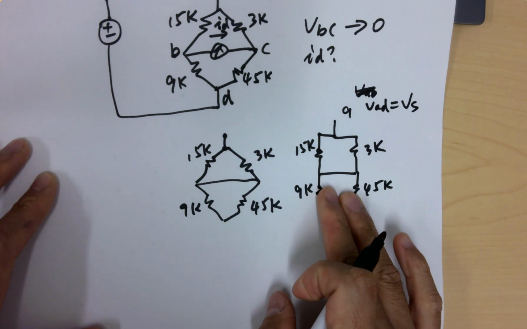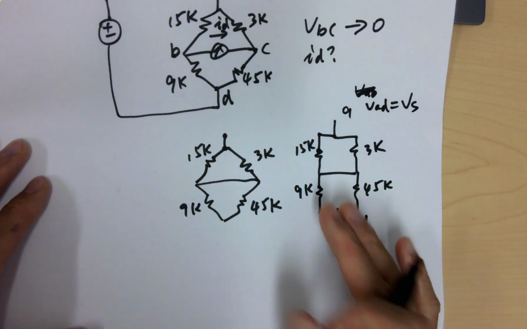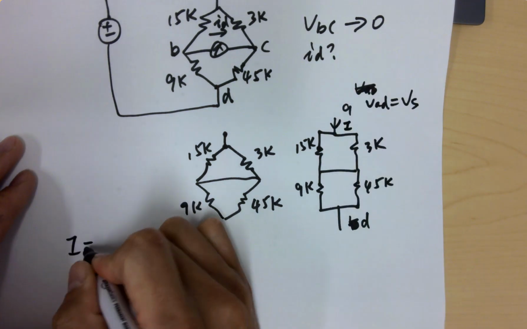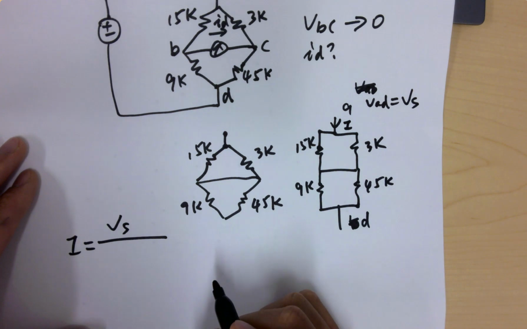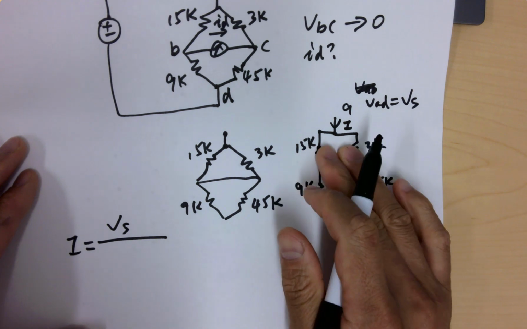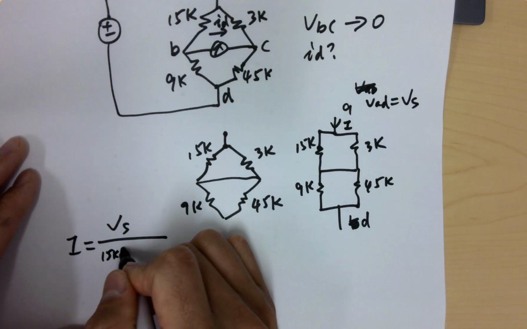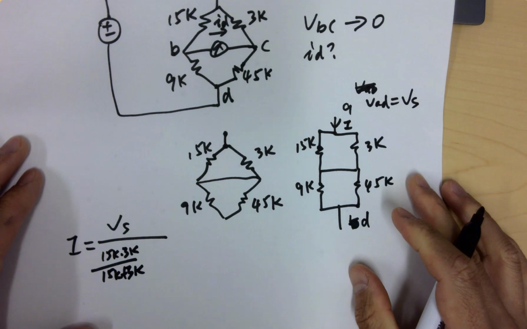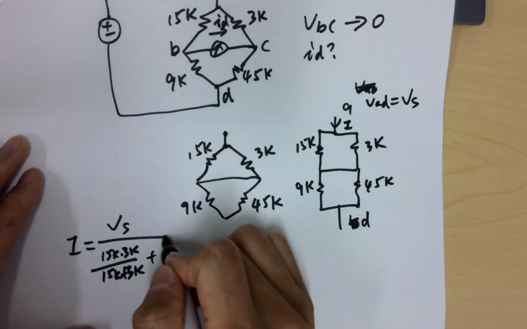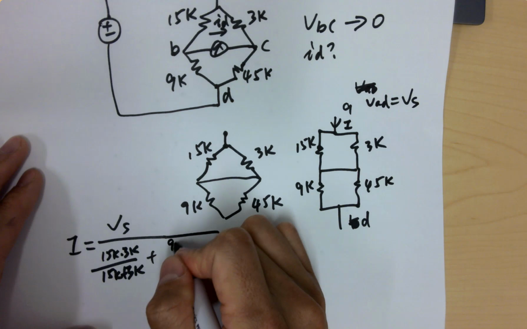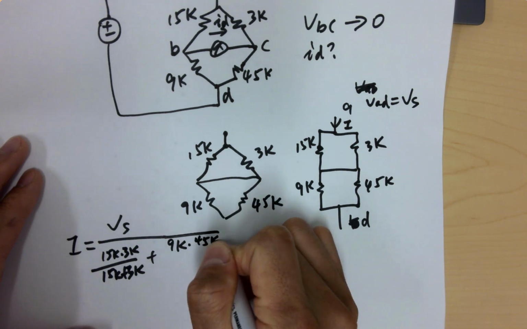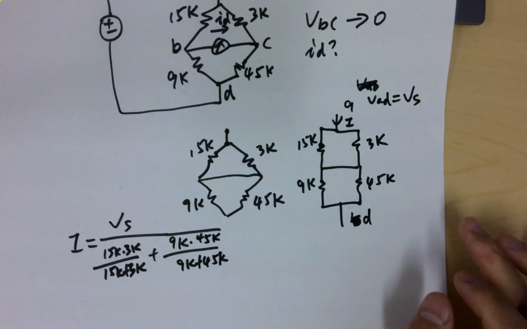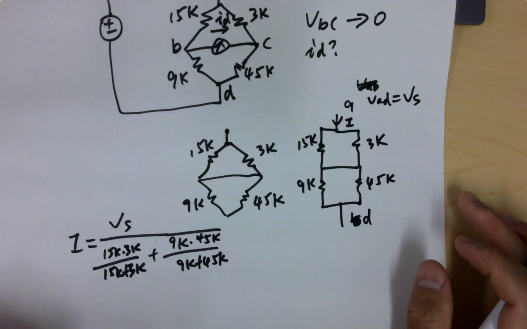The total current I equals VS over, right, the parallel resistance over here, which is 15K times 3K over 15K plus 3K, plus this resistance, 9K times 45K over 9K plus 45K. So that's the overall current.